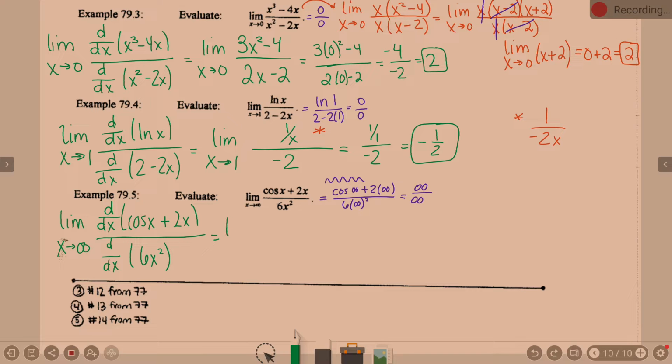Don't forget, it's still the limit. So the limit as x approaches infinity. What's the derivative of cosine x? Negative sine x plus the derivative of 2x, 2, over the derivative of 6x squared, 12x.